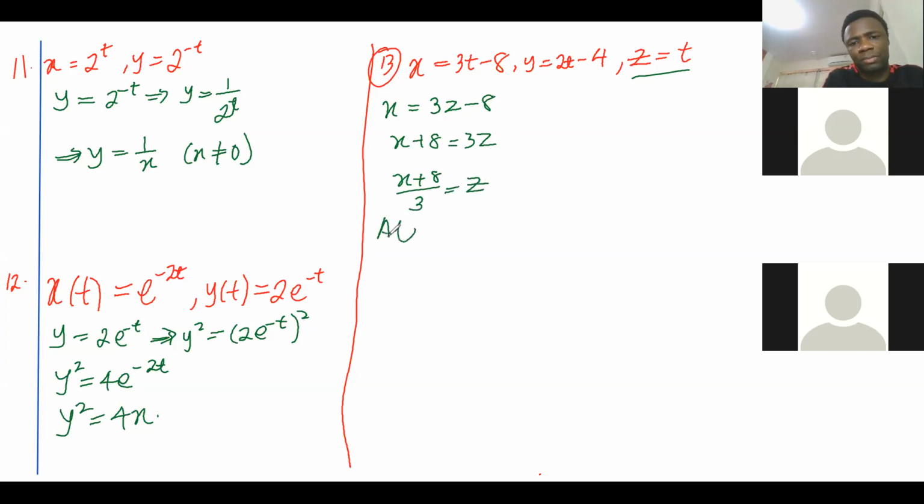Also, y will be equal to 2z minus 4, from which y plus 4 equals 2z, from which y plus 4 divided by 2 equals z.